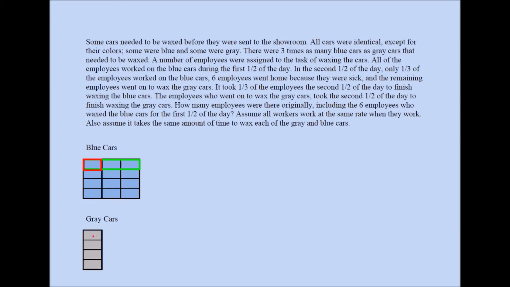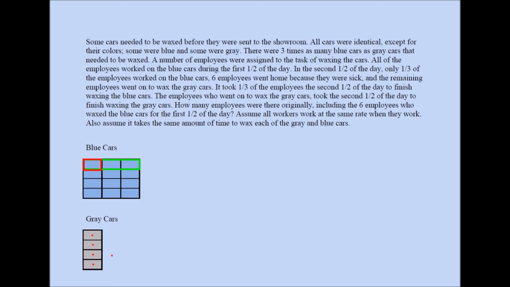Now, this is 1/9, this is 1/9, this is 1/9, this is 1/9. Recall the employees who didn't go home. Now, 1/3 of the employees kept working on the blue cars. Then we were left with 2/3 of the employees, obviously. Now, 6 of these 2/3 of the employees went home. Now, the leftover employees has to be less than 2/3.